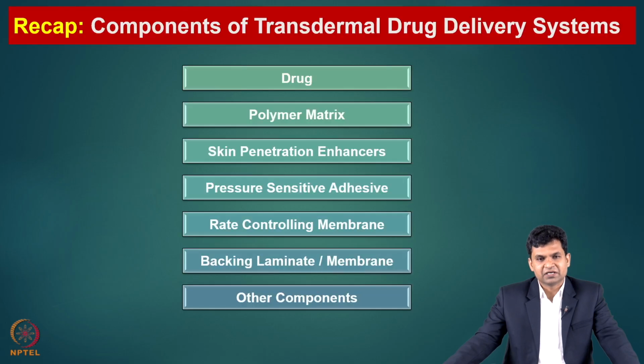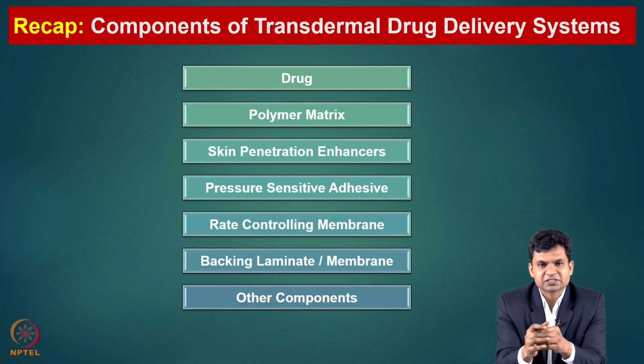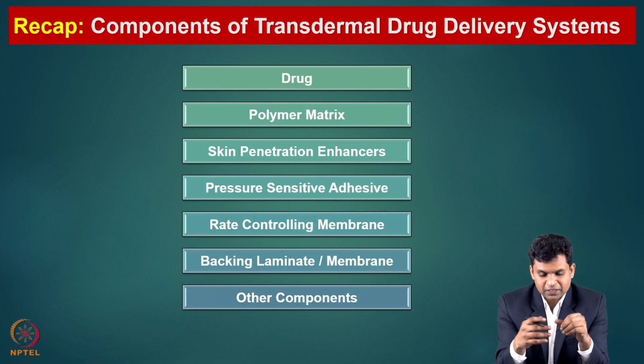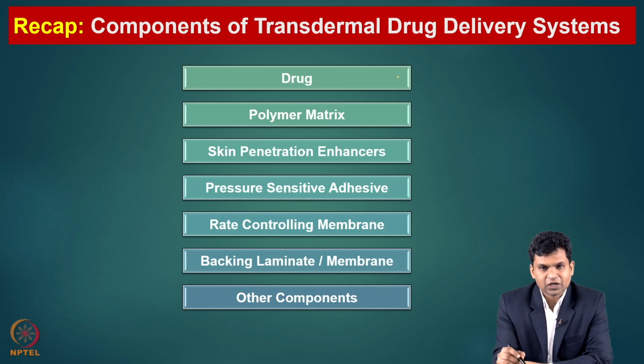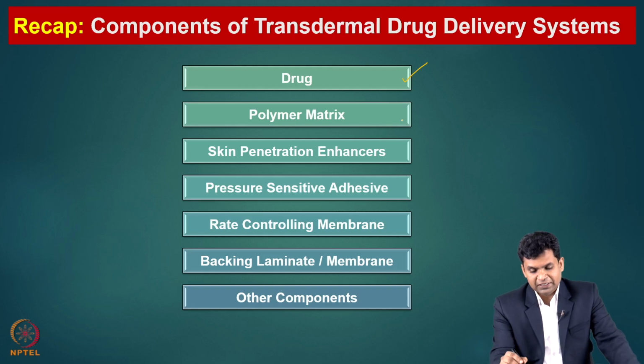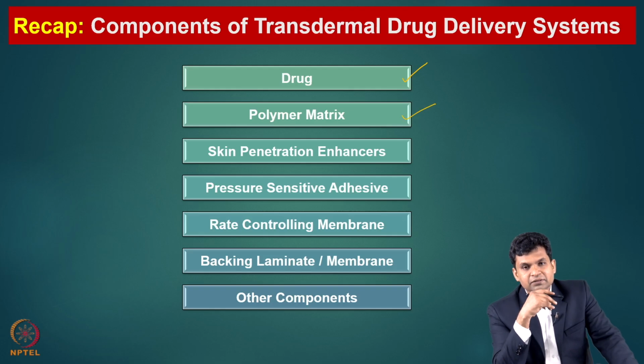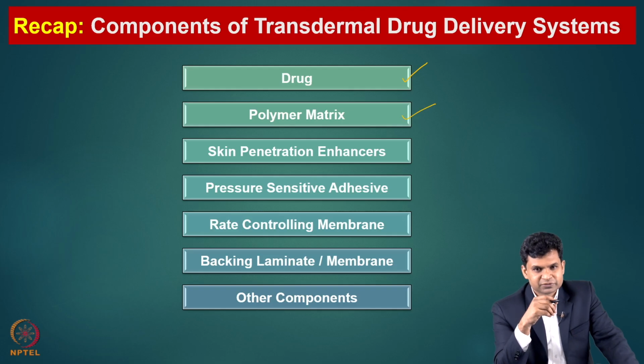In our previous class, we discussed the components used in transdermal drug delivery systems. There we discussed the properties required for a drug to be converted into a transdermal drug delivery system, and the polymeric matrix and its importance and role in development.